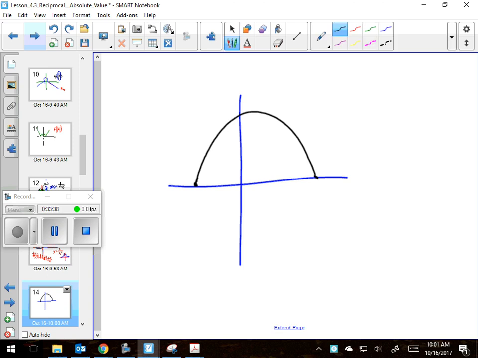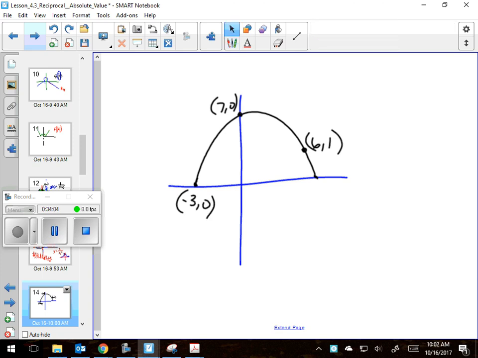Let's say this is where it hits 6 comma 1. And let's say it hits that at, I don't know if that's 6, what is that like? Let's say that's at 7 comma 0 right there. And let's say this spot is at maybe -3 comma 0. You can do this point by point if you want to. Keep the x's the same. Take the y's and make them 1 over that.